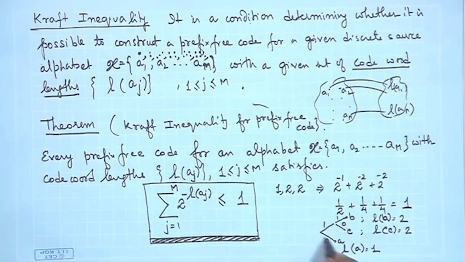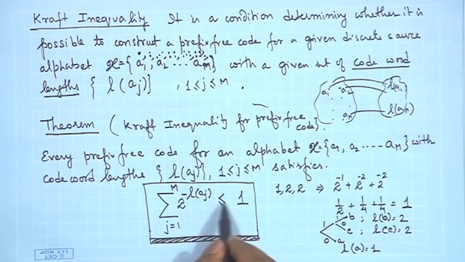So, clearly A is not a prefix of B or C, and it is a full tree that I have constructed. From this example you can also see that if the tree is full, this inequality is satisfied with the equality constraint.